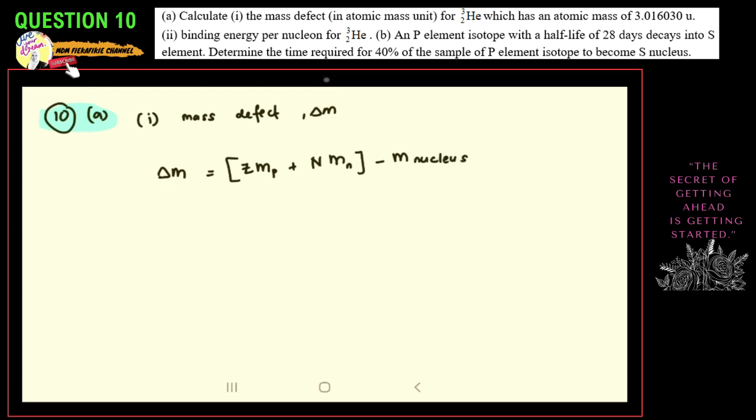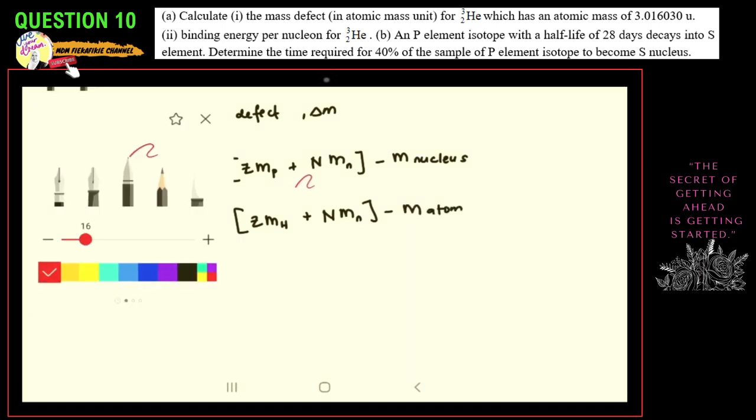Atau delta M is equal to Z times mass of hydrogen plus N Mn, minus mass of atom. Okay, tengok betul-betul apa peperiksaan dia.